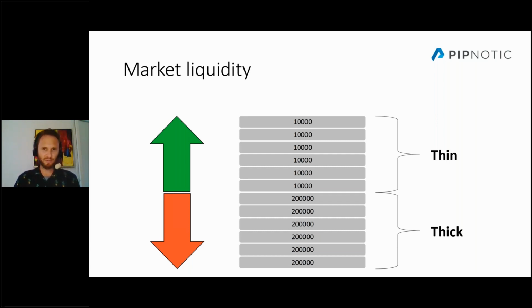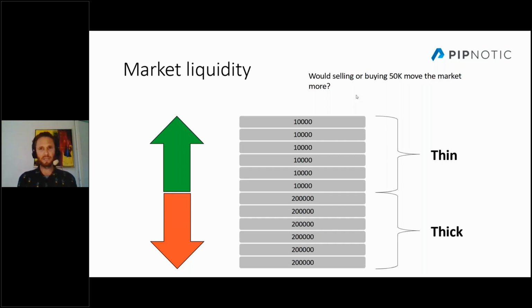So this is an example of that, just a very simple example, where you have a spot price here. Okay, so this is the current price of the market. And this is spot price plus 1, spot price plus 2, plus 3, plus 4, plus 5, and so on and so forth.